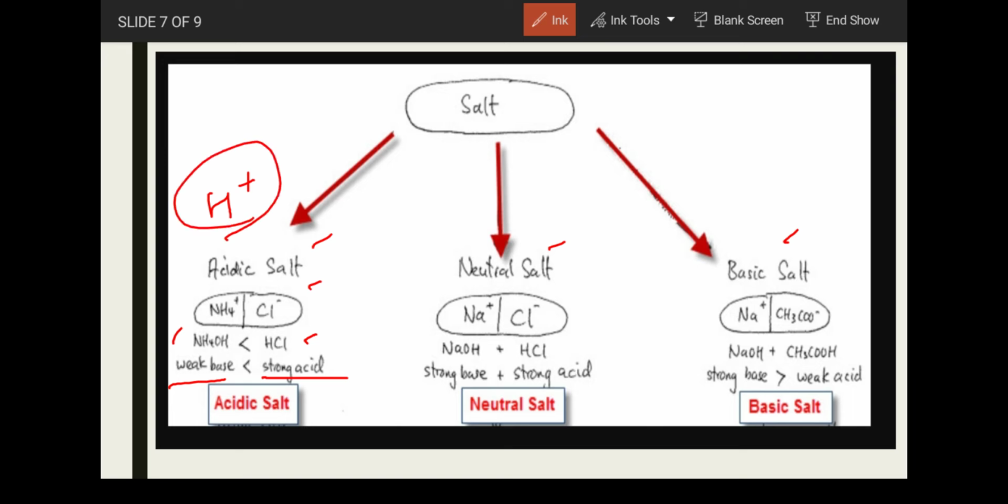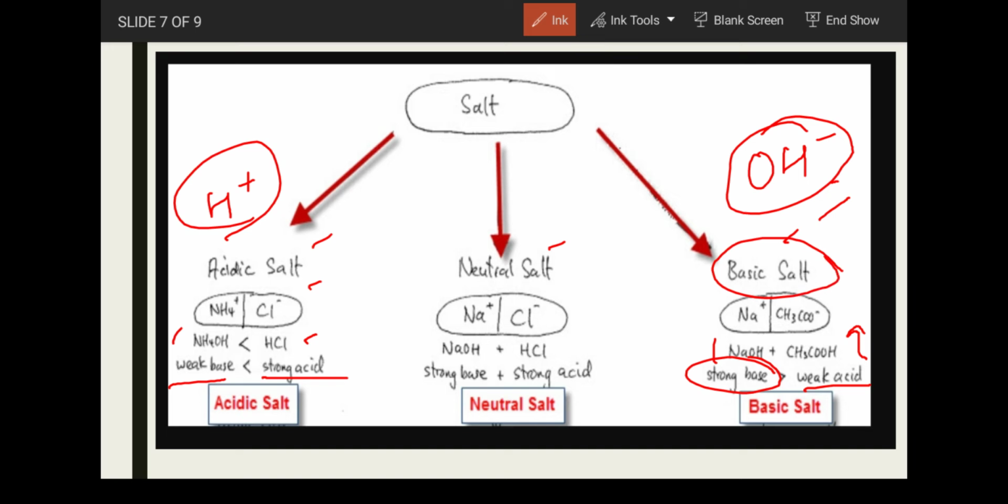A basic salt is formed when the production of OH ions is more in the solution, and OH ions are produced by bases. Therefore the base should be stronger and the acid weaker. Strong base is NaOH and weak acid is acetic acid. So the production of OH ions is more, so the salt is basic in nature.